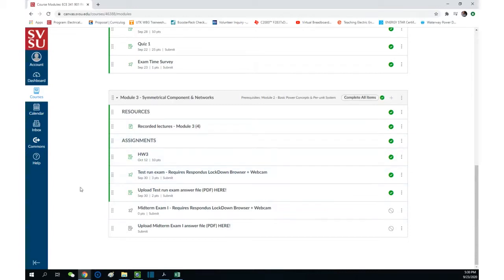I think yesterday I just sent a Canvas announcement saying the MATLAB solution you can either purchase on your own or just use the on-campus computers. And guess what? ITS yesterday night informed that they're considering purchasing a campus-wide MATLAB license for students to be able to use on their own computer.